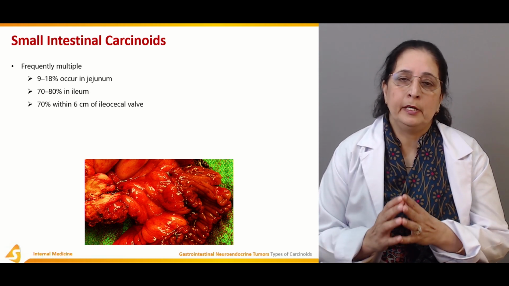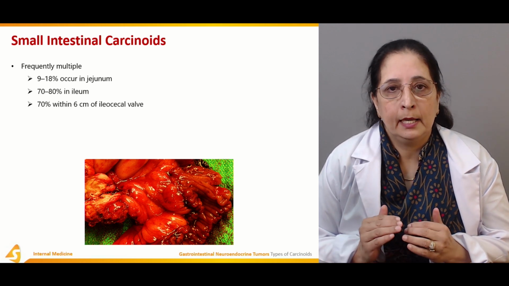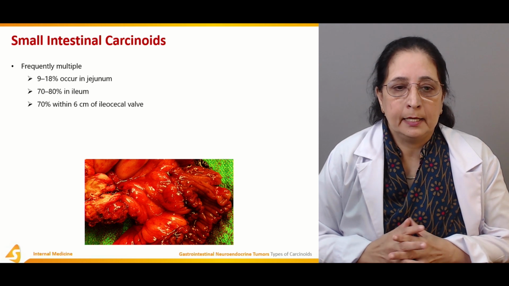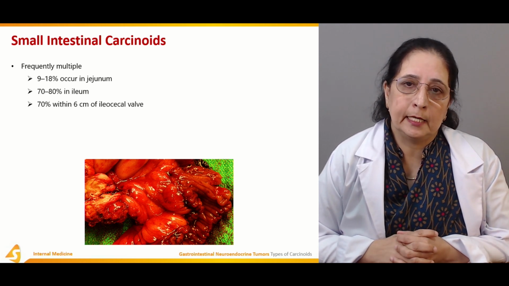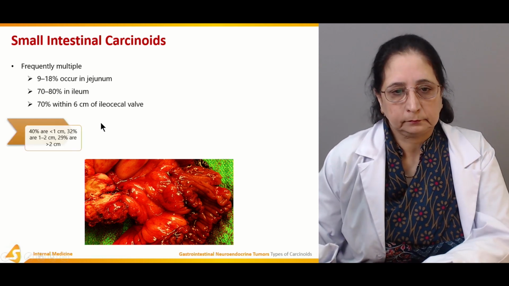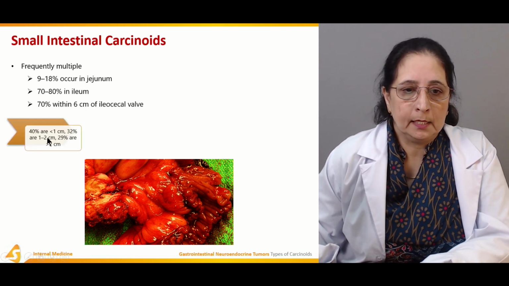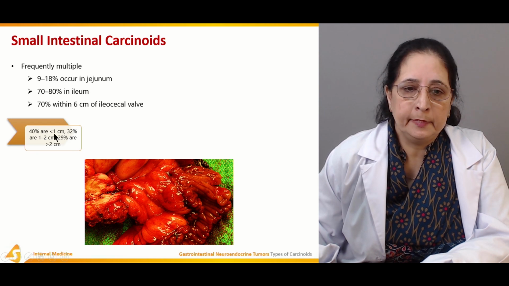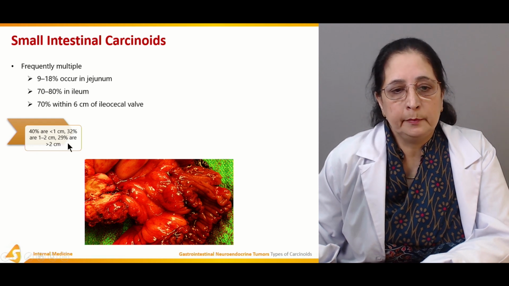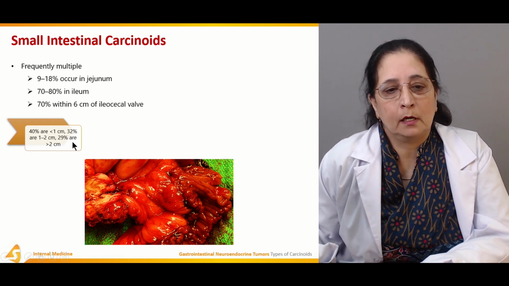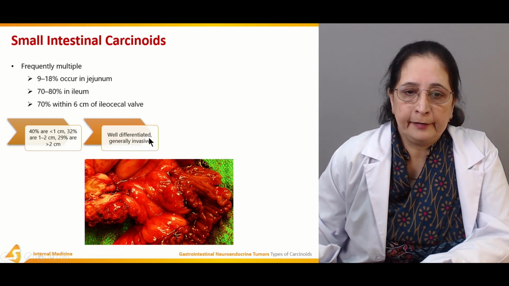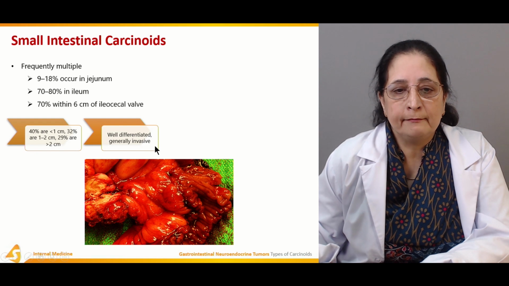So the ileum is very commonly affected by small intestine carcinoid. 40% are less than 1 centimeter, 32% are 1 to 2 centimeters, 29% are more than 2 centimeters. They are well differentiated, generally invasive.